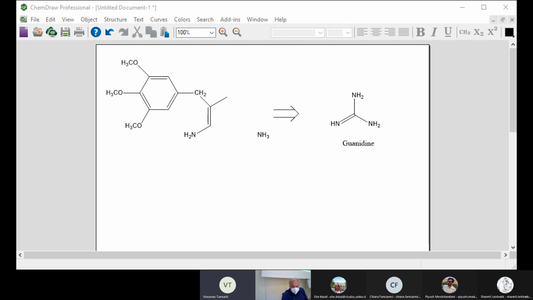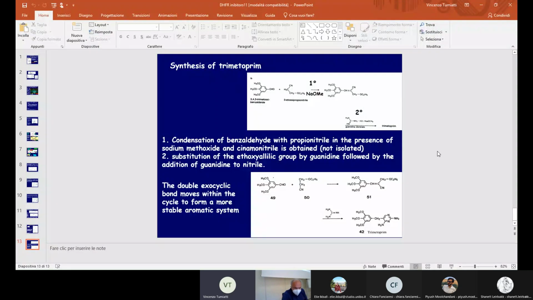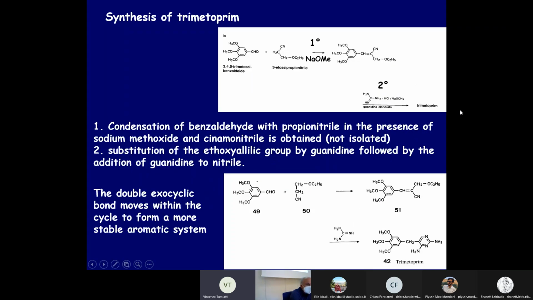So now we can see again the synthesis on the slides. Which are the two groups?